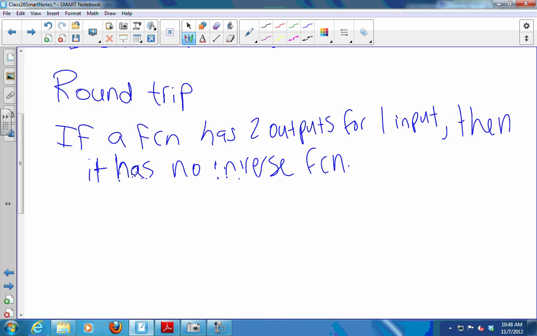What's the role of input and output in two inverse functions? They reverse. Inverse functions reverse the role of input and output.